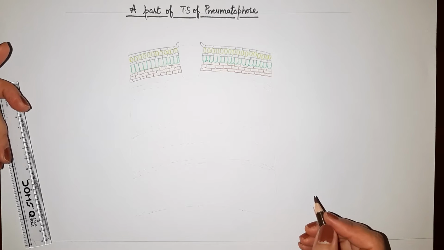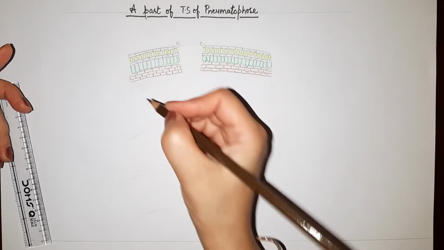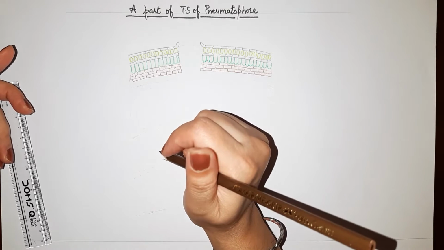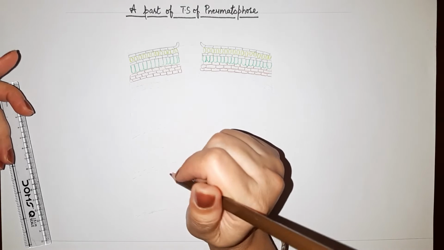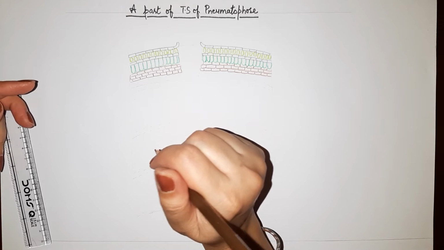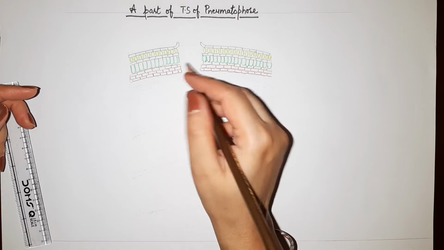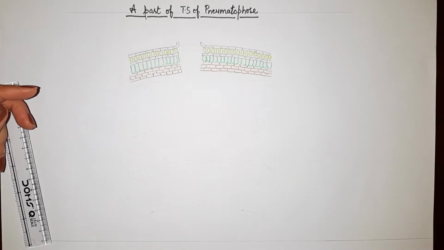So this is a separating layer, and then you can draw one more. Few cells in this layer, the separating layer, below in the lower layer we will show.